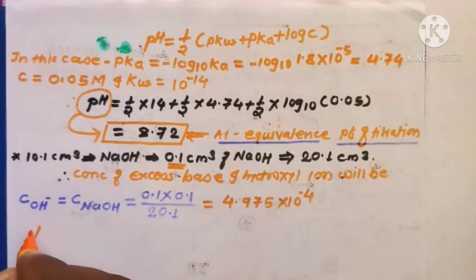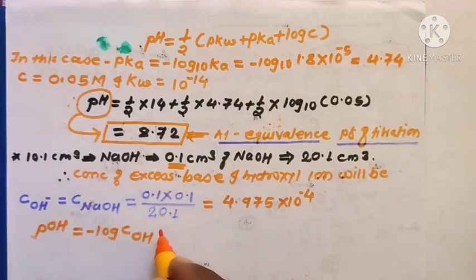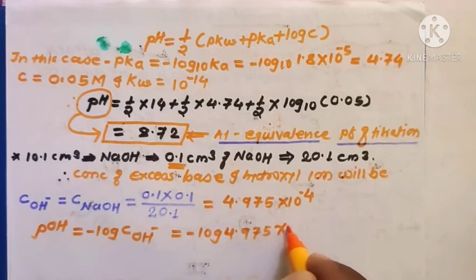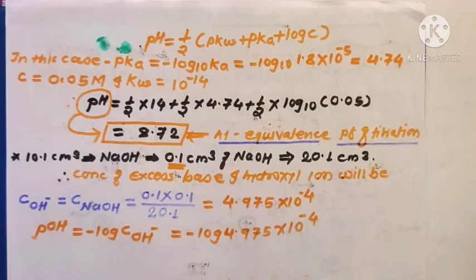Therefore the pOH is equal to minus log of the concentration of OH minus ion, which is equal to minus log 4.975 into 10 raised to minus 4.